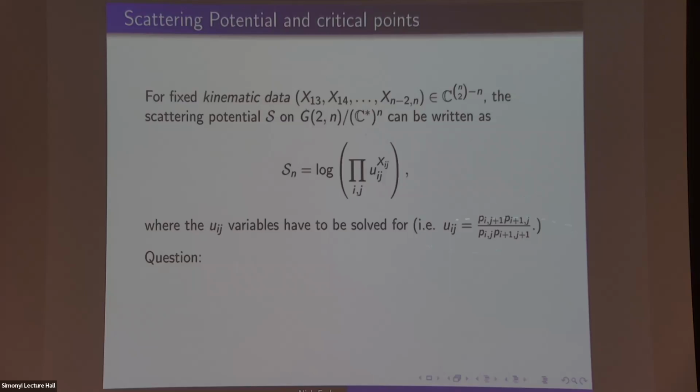Then it turns out that the bases here are these very nice cross ratios: Pij, Pi plus 1 j plus 1, over Pi comma j plus 1, Pi plus 1 comma j. All of them, all n choose 2 minus n chords. He's thinking of the actual proper chords of an n-gon, so not the adjacent ones. The set of all xij for ij a chord, not a boundary edge.